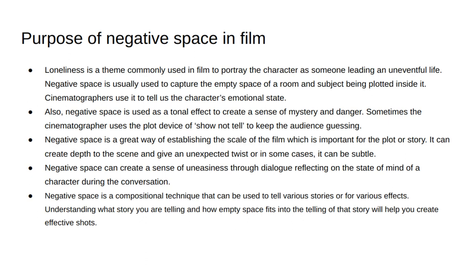And negative space is a compositional technique that can be used to tell various stories for various effects. So you need to understand what story you want to tell and how you're going to make that empty space fit in, so you can create effective shots and compositions, and make it more interesting for the audience, and incorporate the techniques that you've learned.